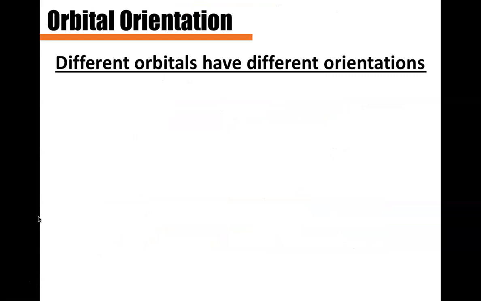we'll get to it in a second, but I want you to keep that in mind for an idea of what we're getting to having to do with the number of columns and the number of orbital types of S, P, D, and F. Well, different orbitals have different orientations. We've kind of discussed that a little bit. We saw that with all the pictures.